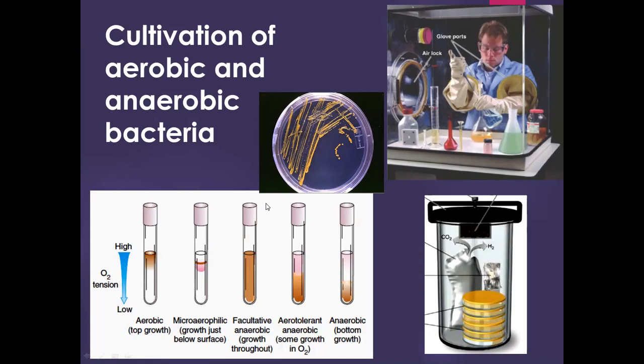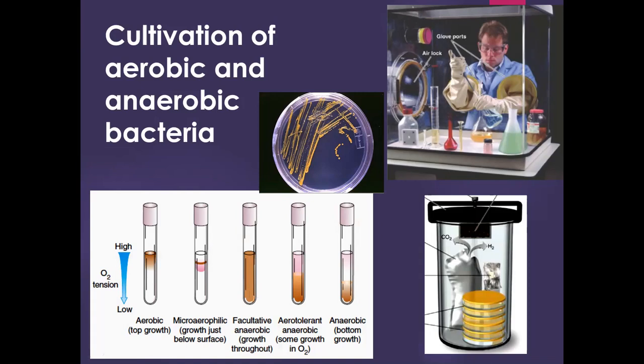If we inoculate microorganisms in liquid nutrition media, the aerobic bacteria grow at the surface, producing a film, because the concentration of oxygen is higher. Microaerophilic bacteria grow some distance from the top, where the concentration of oxygen is lower, 5 to 10%. Facultative anaerobes can grow in all the volume of this nutrition media because the concentration of oxygen is not essential for them.